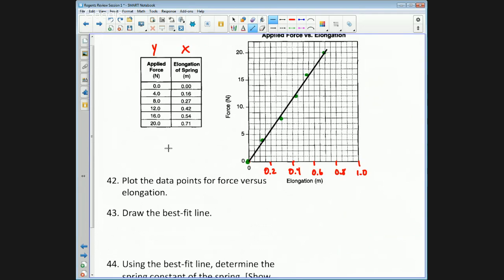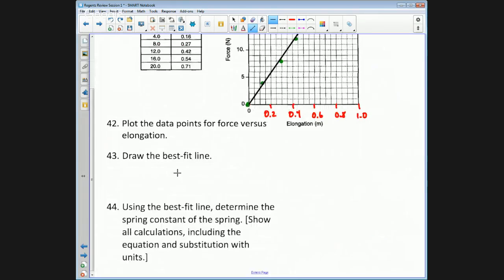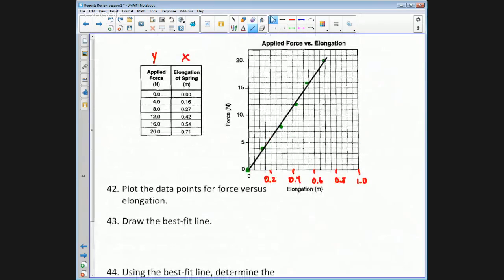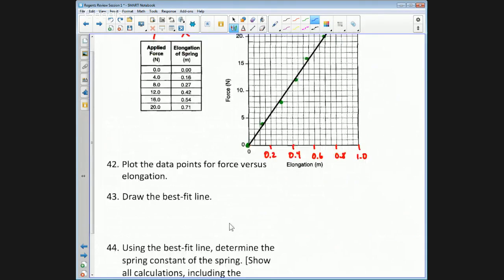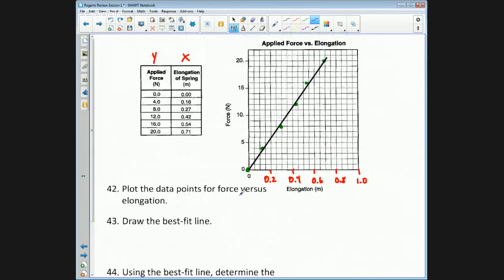All right, so 44, using the best fit line, determine the spring constant of the spring. Spring constant shows up in two places. For this problem, it's force versus elongation, so force in the spring versus x.